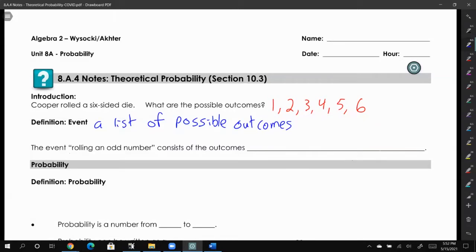So the event rolling an odd number consists of the outcomes 1, which is an odd number, 3 and 5. Those are the possible odd numbers we could get from rolling a six-sided die.